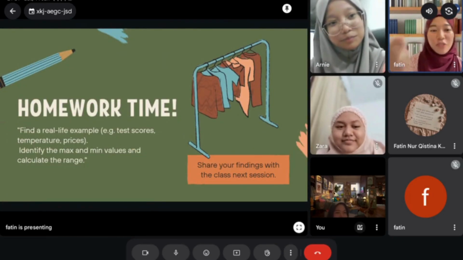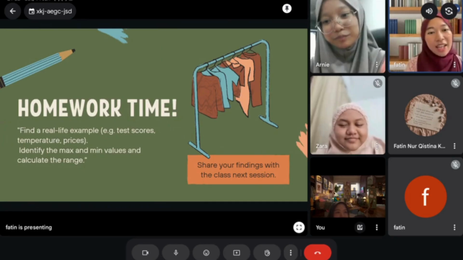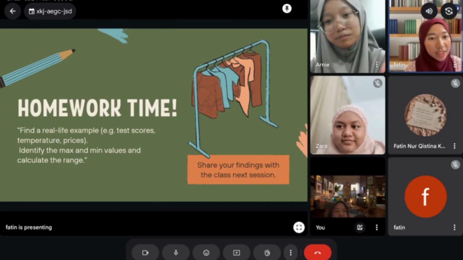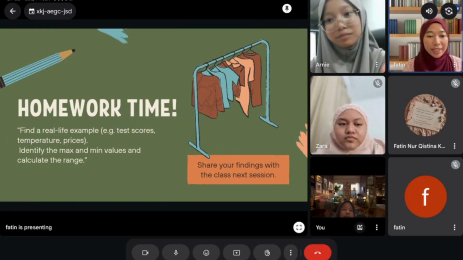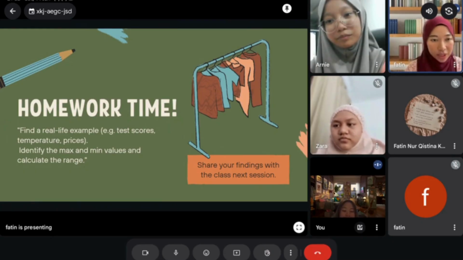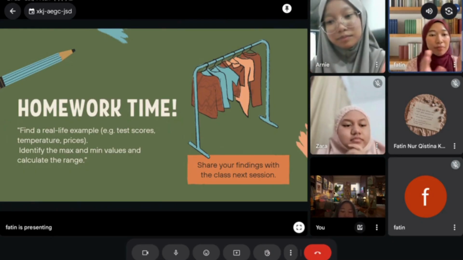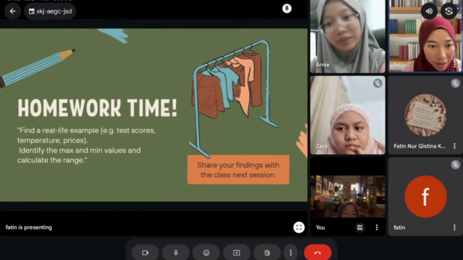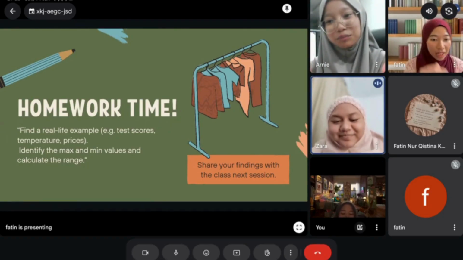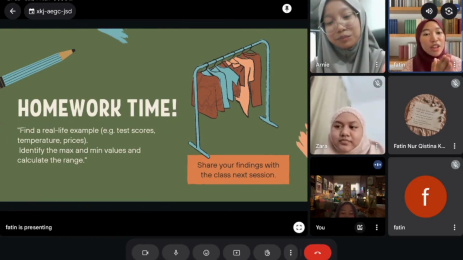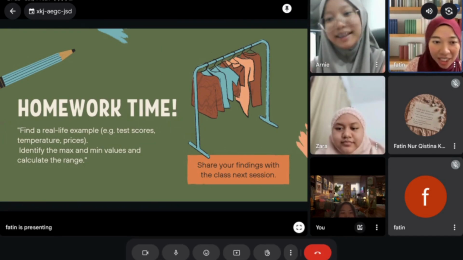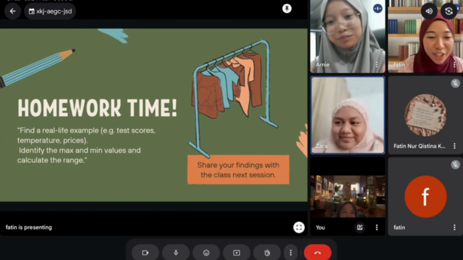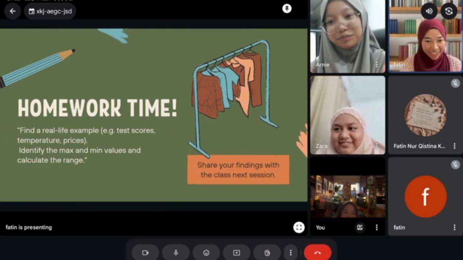You need to find a real life example like test scores, temperature, prices, or anything related to real life situations, and you need to identify the maximum and minimum values and calculate the range for the set of data. Is it clear? Then you need to share your findings with the class for the next session. Make sure you complete your task, okay?